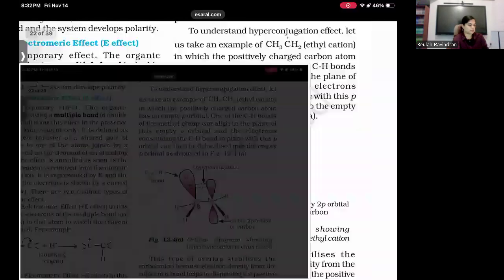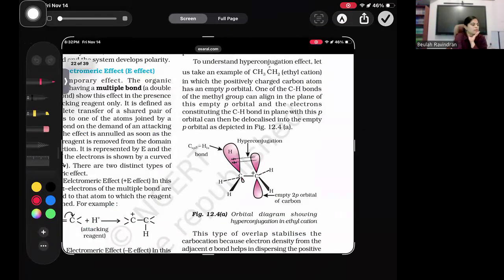See, listen to this. Hyperconjugation effect. How? So here, ethyl cation. So this cation and the empty 2p orbital is empty, and then one of the CH bonds of the methyl group can align in the plane of this empty p orbital.